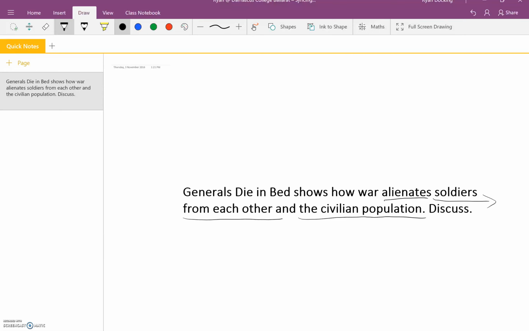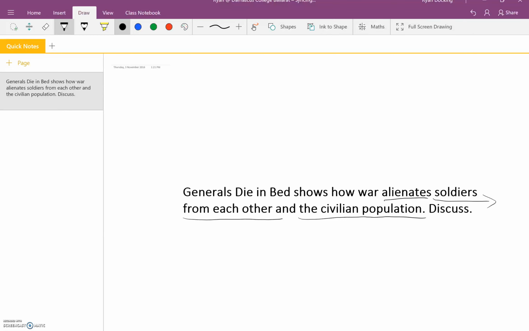Now, automatically, we should start thinking about what those words mean. We'll get into that in a second, but you should already have some ideas as to what that means.